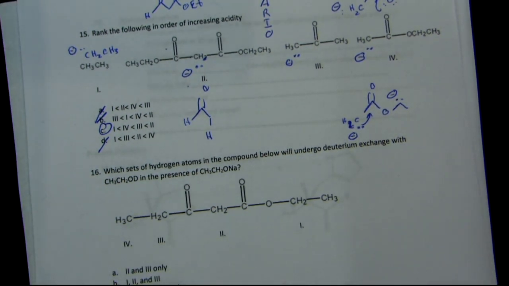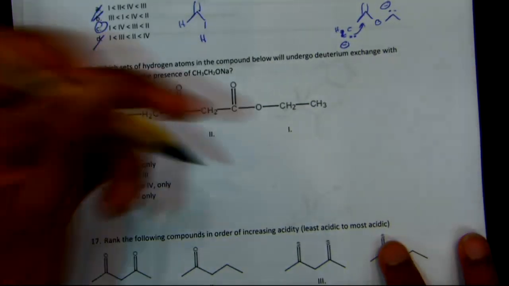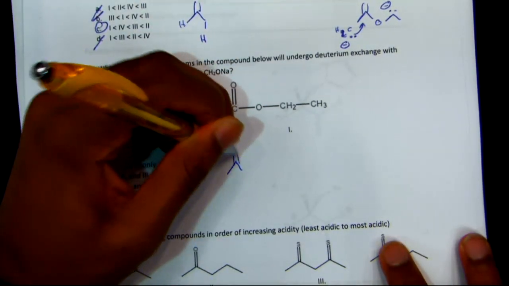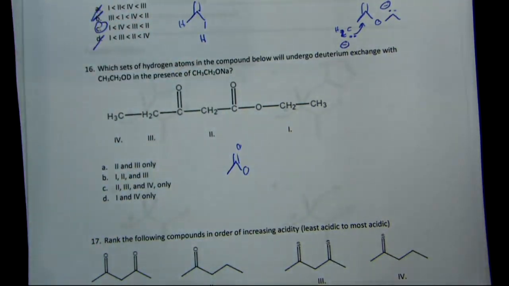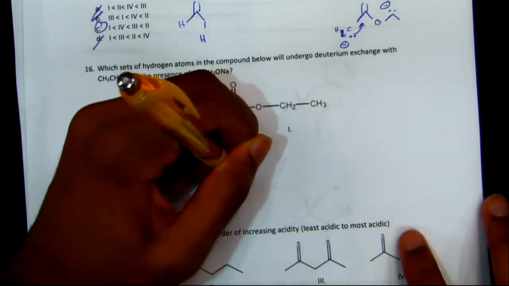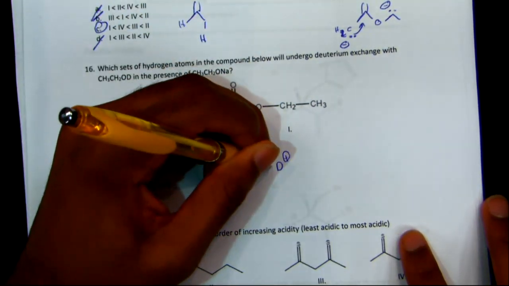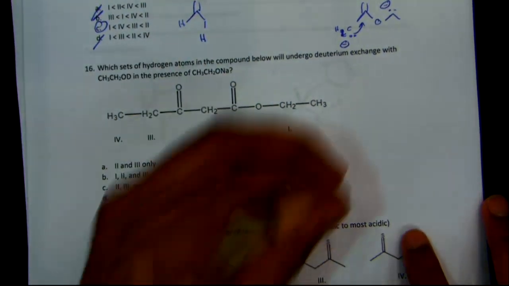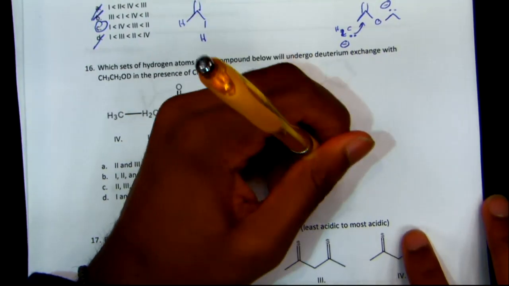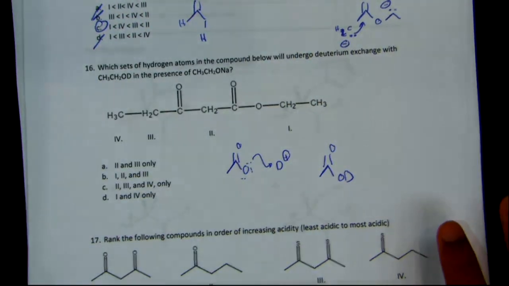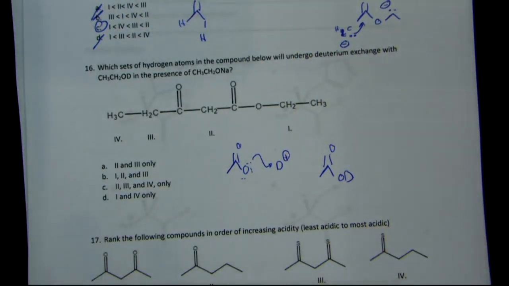So if there's a ton of deuterium floating around in solution, it's going to get attacked by the negative charge and be attached to it. If I had a carboxylic acid that just lost its proton because it's an acid, it has its negative charge, and if I had deuterium floating around, it could just attach to it. And that's my next structure. So all it's asking is where are my most acidic protons?